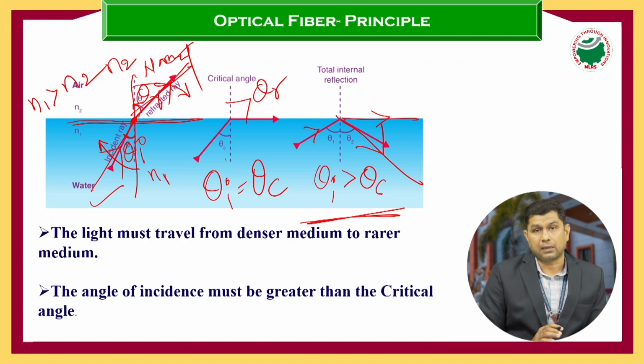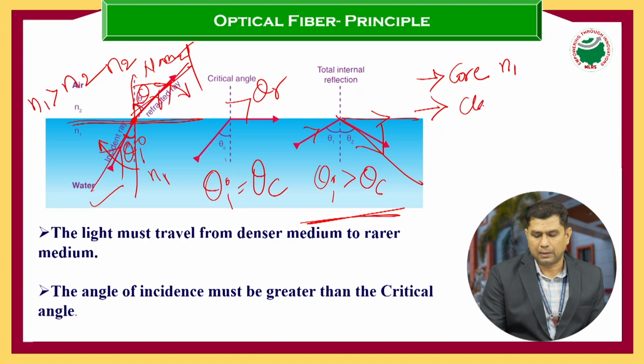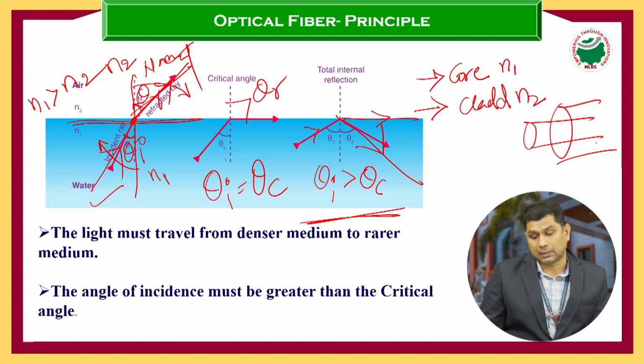Optical fiber is a thin, flexible, transparent medium having three sections. Those are called the core, the central part, whose refractive index is denoted with n1, and the clad. The core is surrounded by a medium called clad of refractive index n2. This is one cylinder and this is another cylinder, indirectly concentric cylinders.